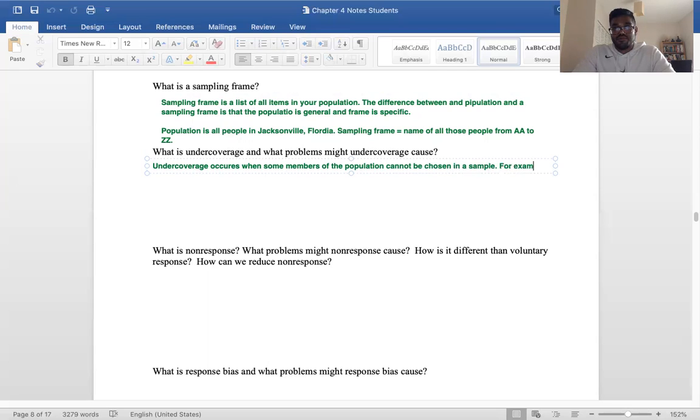For example, a sample of households will miss all the homeless people, people in prison, students, right, and people in dorms, for example.